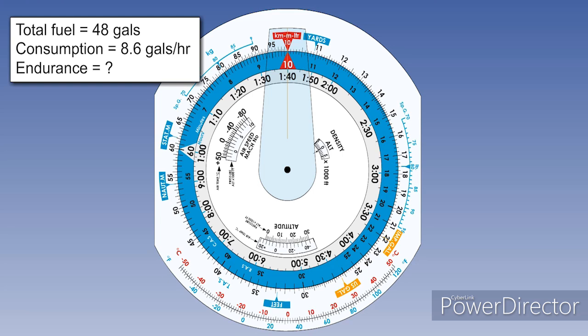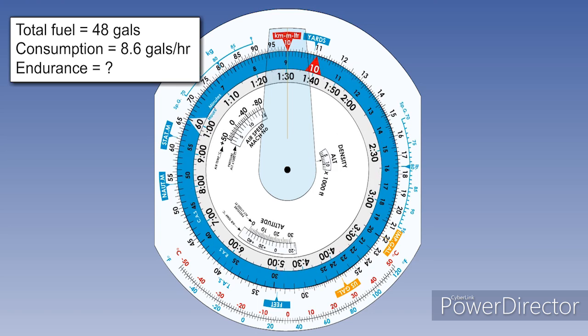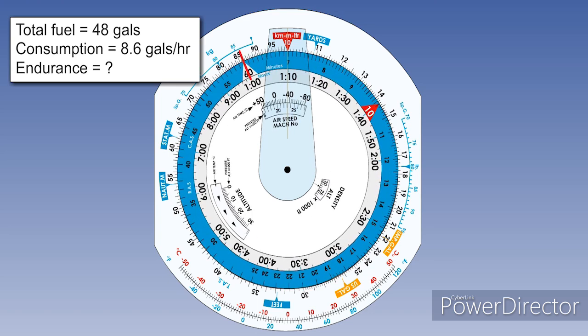First, we'll get a ballpark figure. Mentally divide 48 by 8 to give us 6 hours endurance. Initially, align the 60 index on the inner scale with 86, representing the consumption of 8.6 gallons per hour on the outer scale. Now align the cursor with 48 on the outer scale.